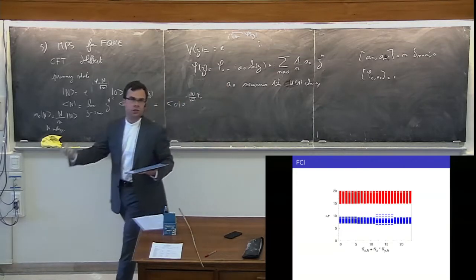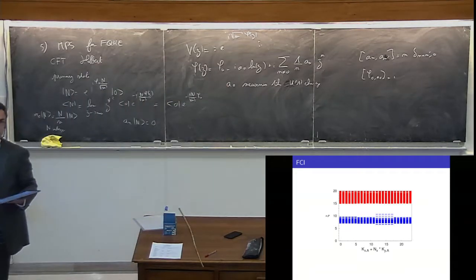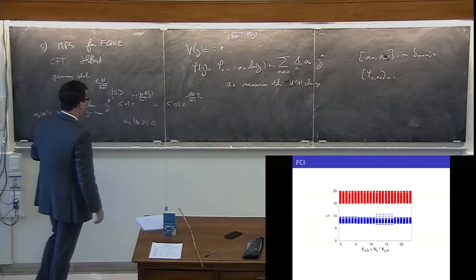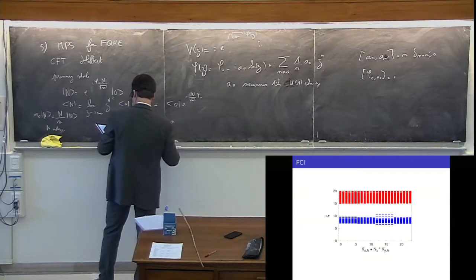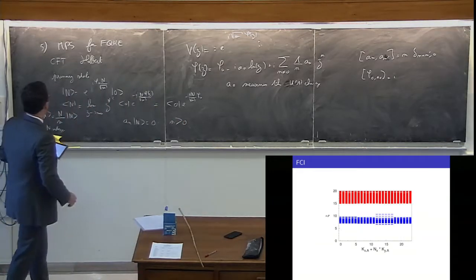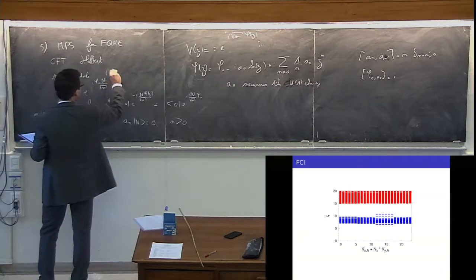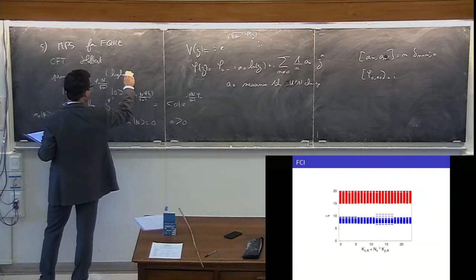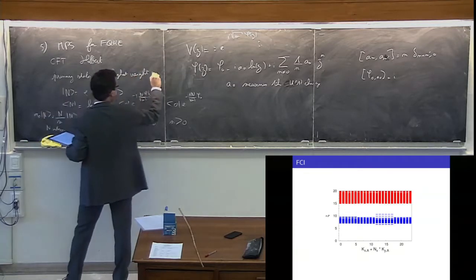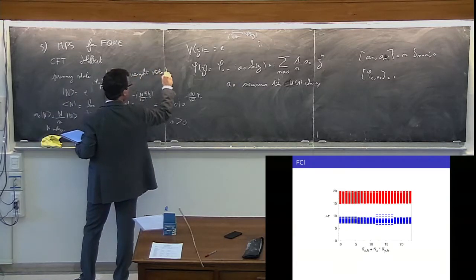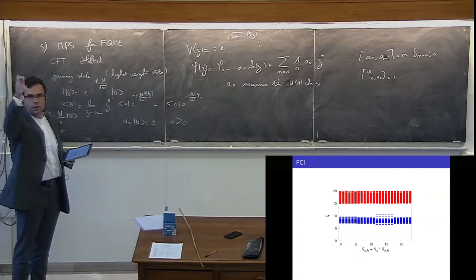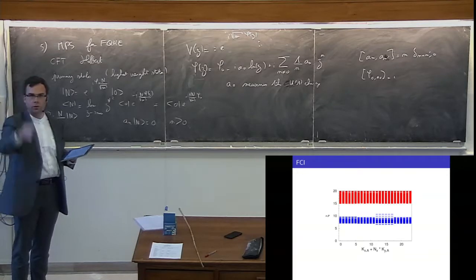You measure everything in units of the charge of the quasihole. This is for n bigger than 0. So these are the primary states or highest weight states. To get all the descendants, you pick one of these highest weight states and you act with the creation operators.